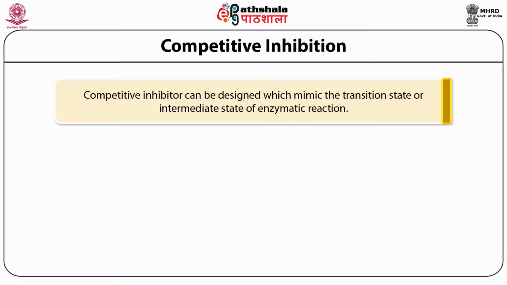And studies show that the transition state has a structure that is different from substrate and product, but it has the highest binding affinity with the enzyme. Therefore, if you are designing a competitive inhibitor which mimics the transition state, it is going to be a better inhibitor as compared to designing an inhibitor which competes with the substrate.